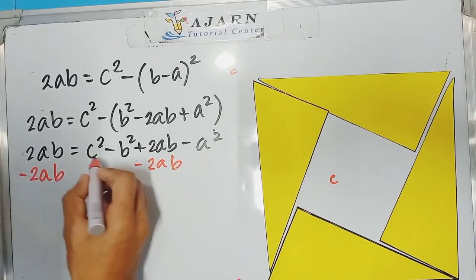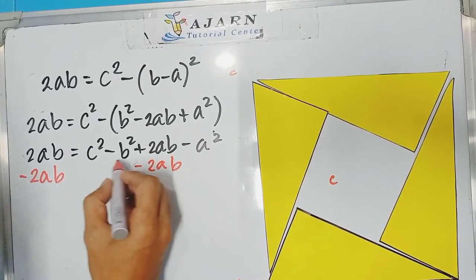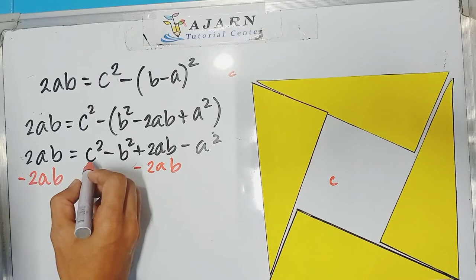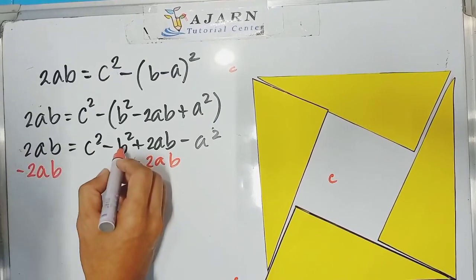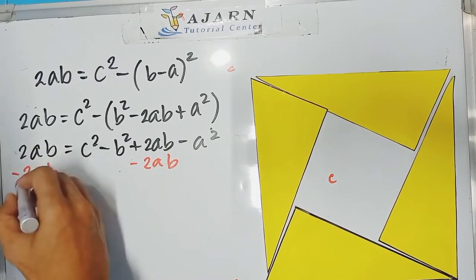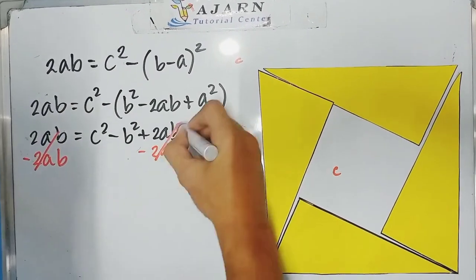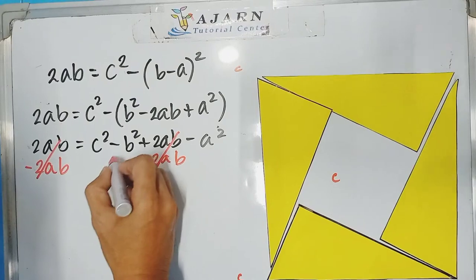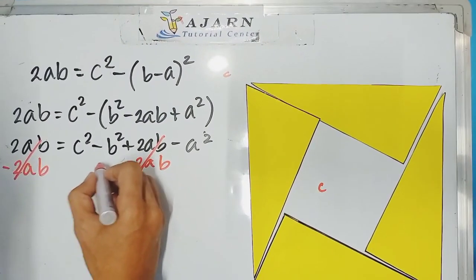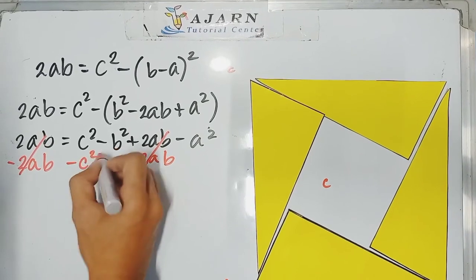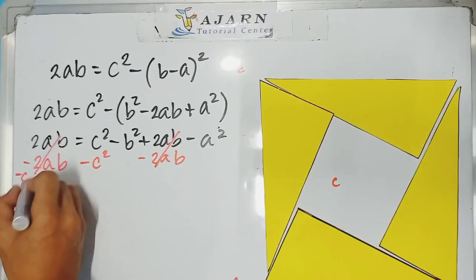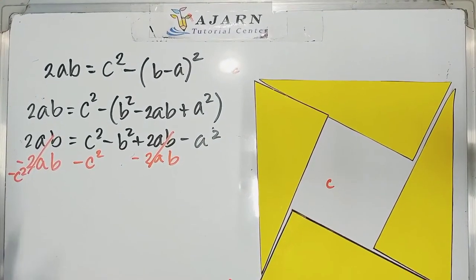I'm going to move B squared and A squared here. Take note, we can take this away already. We'll add, anyway, this one, minus C squared here. I have minus C squared here.